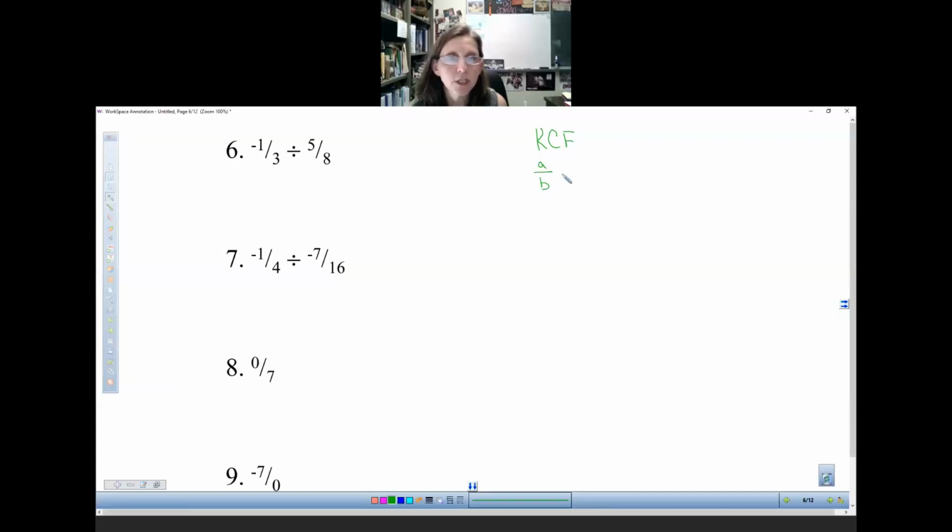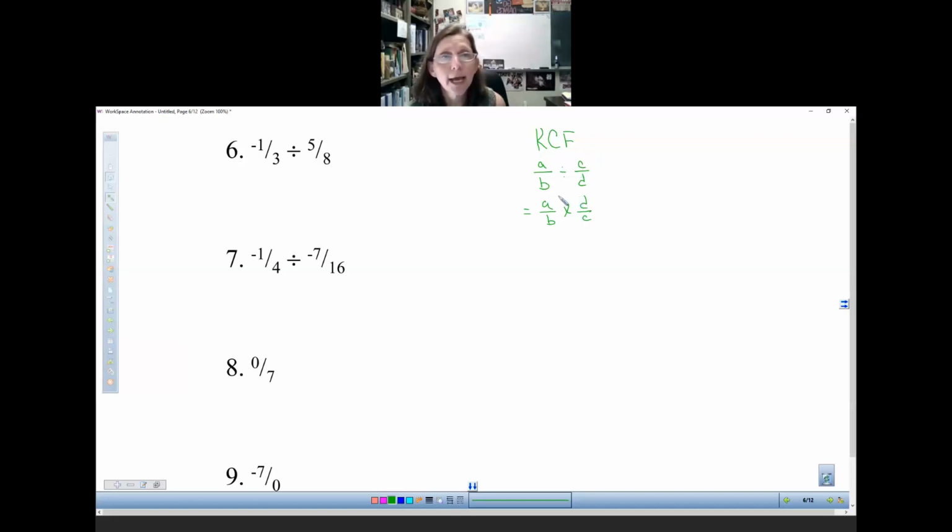If we have a division problem, A over B divided by C over D, we keep the first part, A over B, we change the operation to multiplication, and we flip the second part. And now all of a sudden, I have a fraction multiplication. So keep, change, and flip.